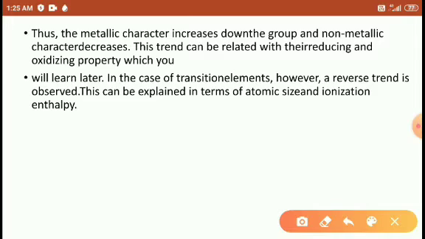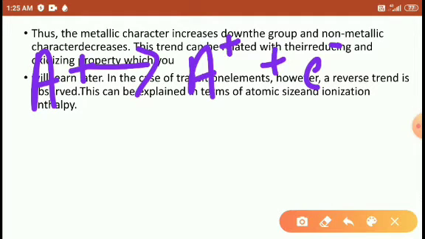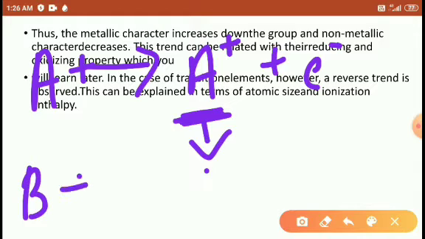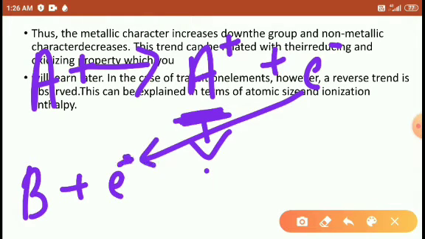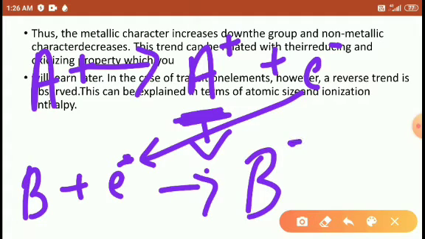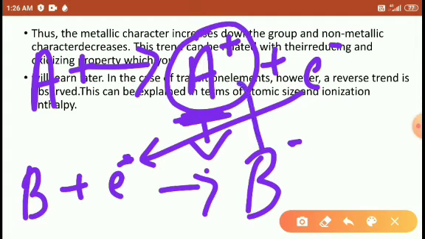A species which loses electrons undergoes oxidation, right? A loses electrons and donates them to B, so B accepts electrons and becomes negatively charged. So A is responsible for the reduction of B. When A releases electrons, B accepts them.